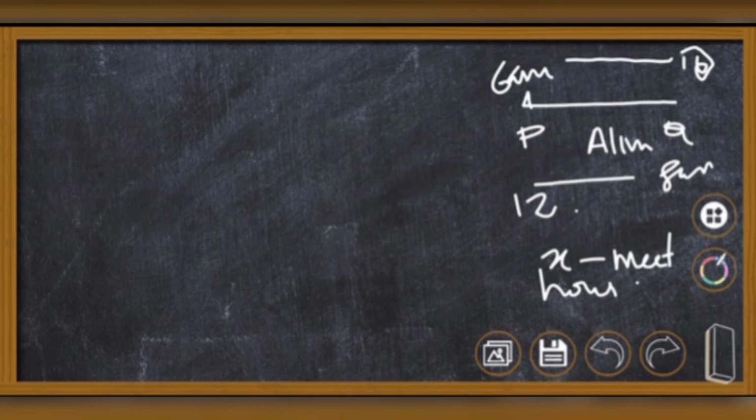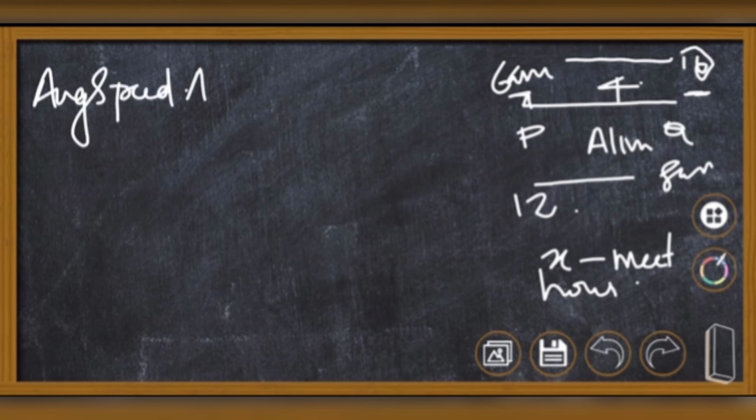So if we consider that after x hours they will meet, we know that they are taking 4 hours independently to reach the 2 points. Now the average speed of the first train will be, what will be the average speed? Distance divided by time. What is the distance? d kilometers.